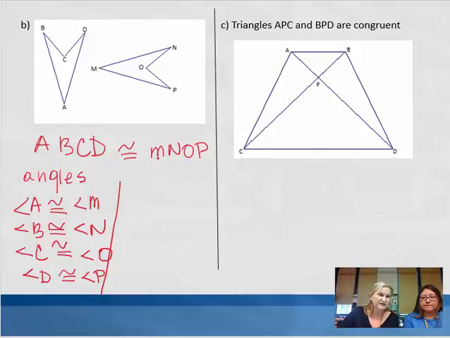So A corresponds to M, B corresponds to N, C corresponds to O, and D corresponds to P.